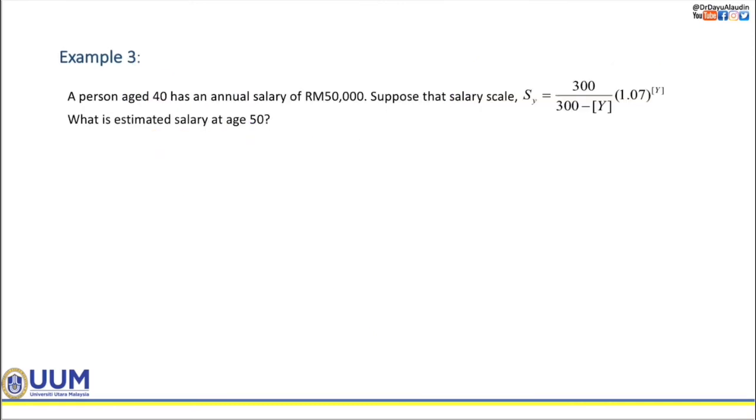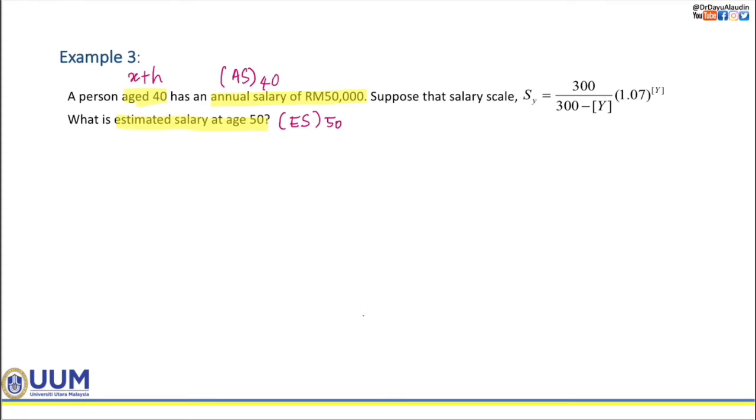Now we try example 3. A person aged 40 has an annual salary of 50,000. Suppose that the salary scale as y is equal to this one. What is the estimated salary at age 50? So x plus h is 40.